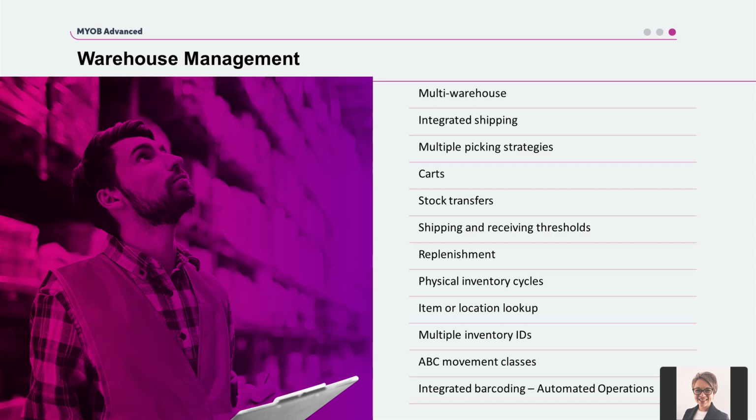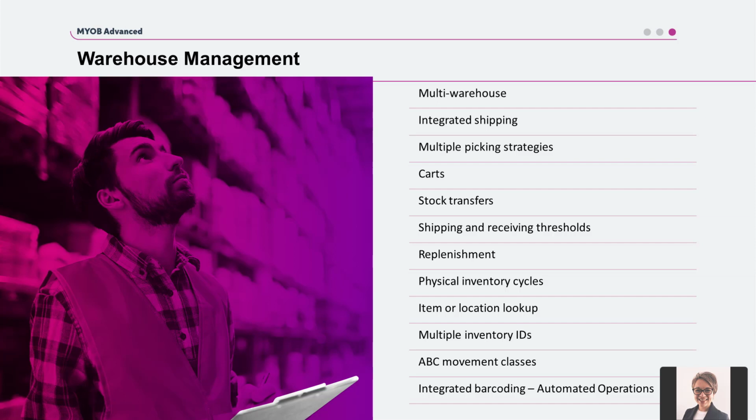So the key features. We have multiple warehouse capabilities, integrated shipping, multiple picking strategies that we talked about, the wave, batch, or single. We have managed carts, we do stock transfers. We can even enter and maintain shipping and receiving thresholds so that we don't receive more product than we should or ship more product than we should.